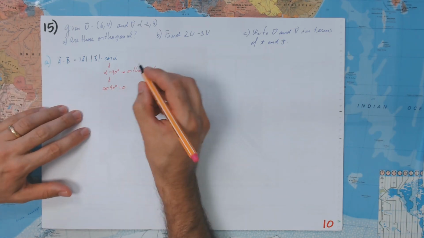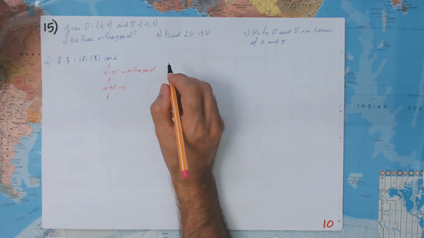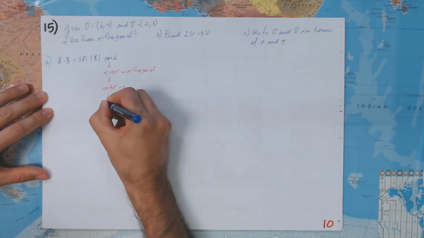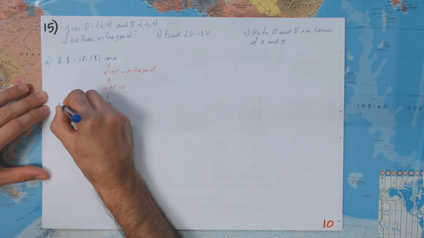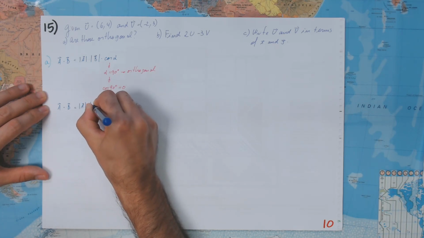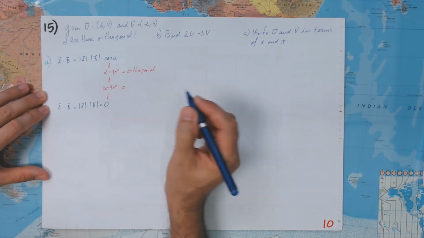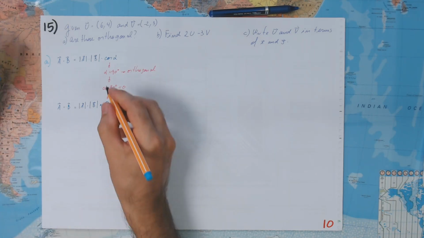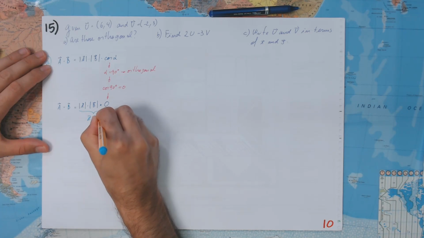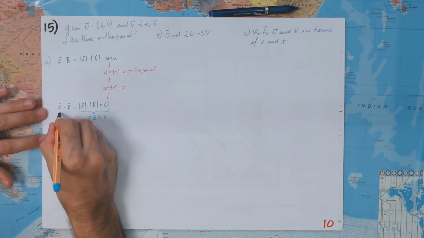And if the cosine is 0, it means that A scalar B is modulus of A times modulus of B times 0. It means that part of the equation is going to be a big 0. And because of that, the dot product must be 0.